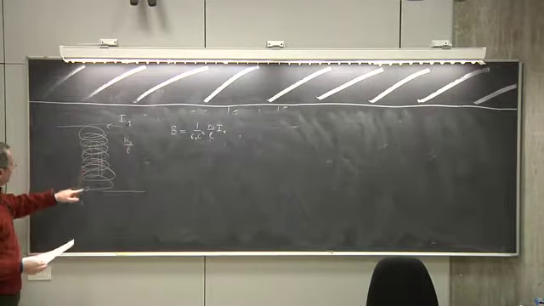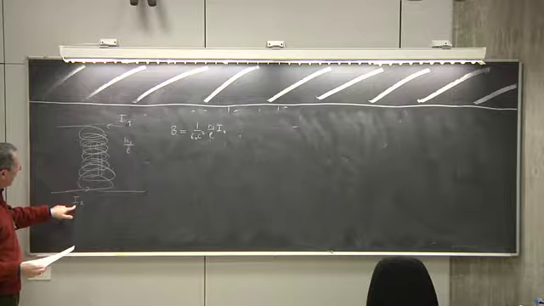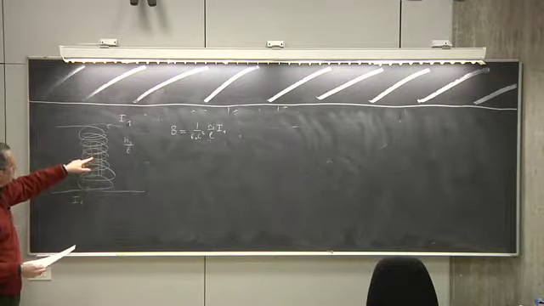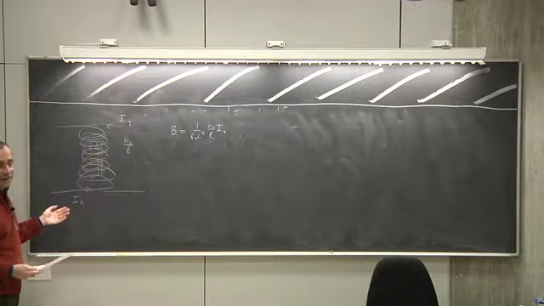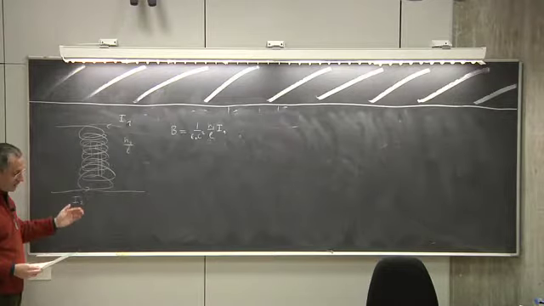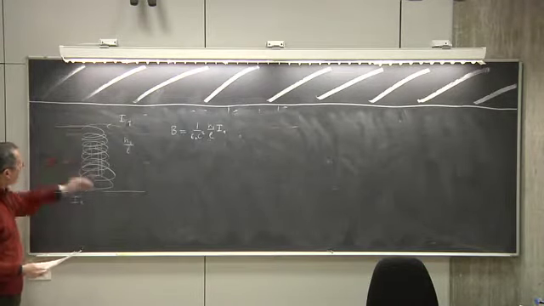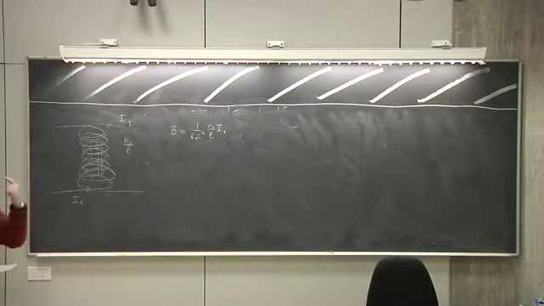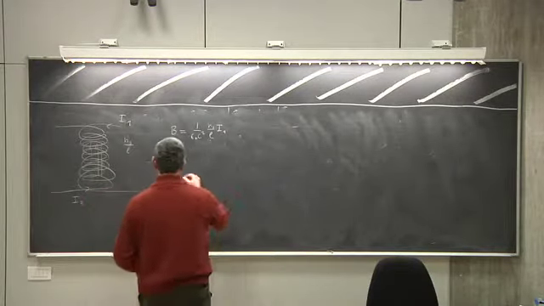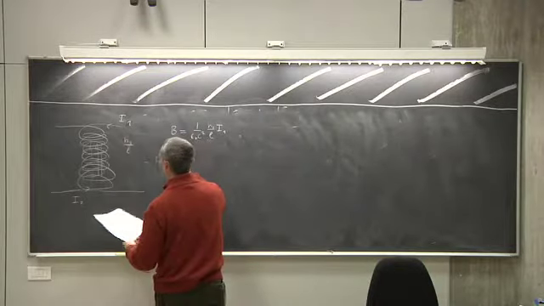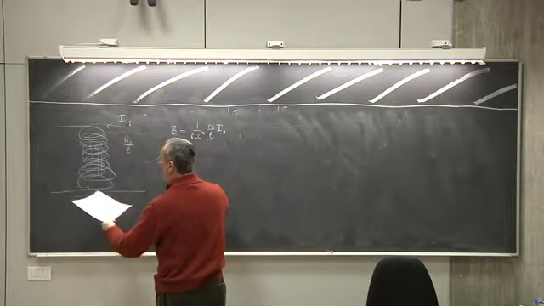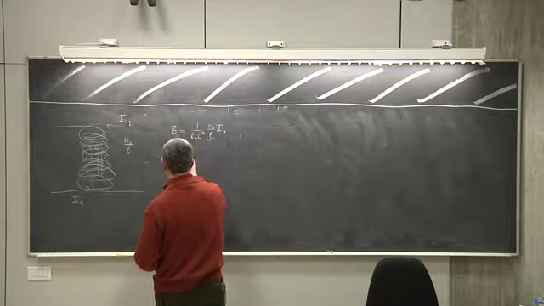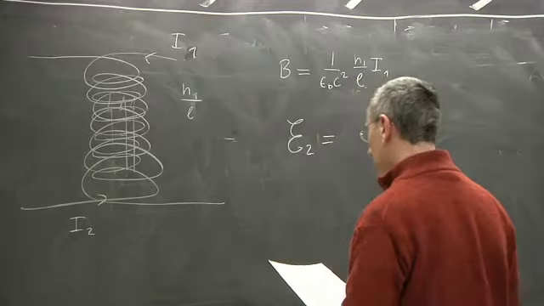And then if you look at the other coil, because you have a varying magnetic field inside, it's not just sitting there. You have an electromotive force induced because of the equation that I wrote one blackboard ago. So let's do it. The electromotive force in coil number 2, I call it E2, okay?